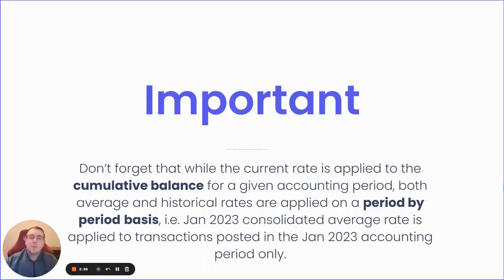So, for example, if we're looking at the period January 2023 and we are applying either the average or historical consolidated exchange rates, those rates will only apply to transactions with an accounting period of January 2023, compared to the current rate where NetSuite will look at the entire history of that account and revalue that balance using the current rate.